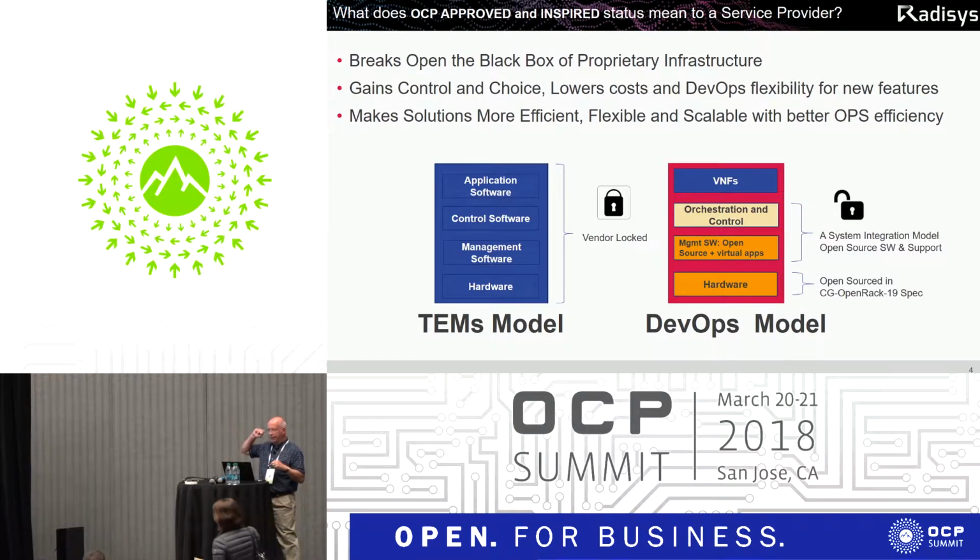But as you're aware, and if you were here for Jeff's presentation, Radisys developed and got approved the CG Open Rack 19 specification. And so some of the hardware that I'll be showing is what Radisys has as far as CG Open Rack 19 hardware. And of course, there's other vendors as well within the ecosystem that have other components that are compatible with that. But in any case, in a broad sense, both of those are very similar.